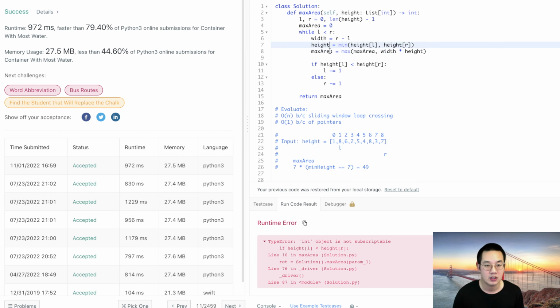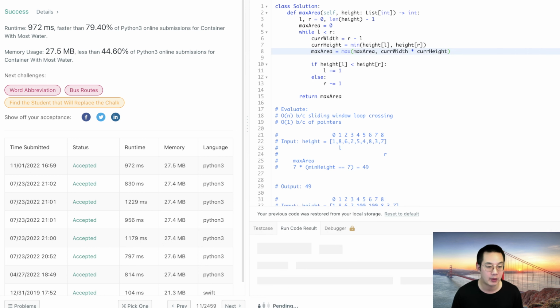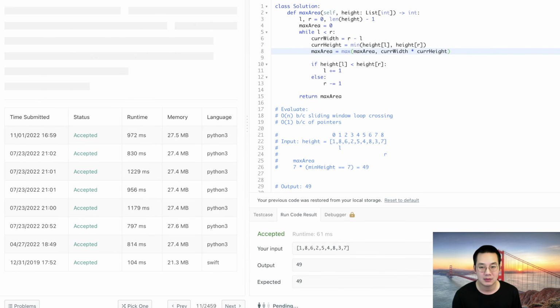Ah, I see. We changed what height meant, so we need to rename it so that it's better named. Now we can run the code. Perfect, and let's submit again.